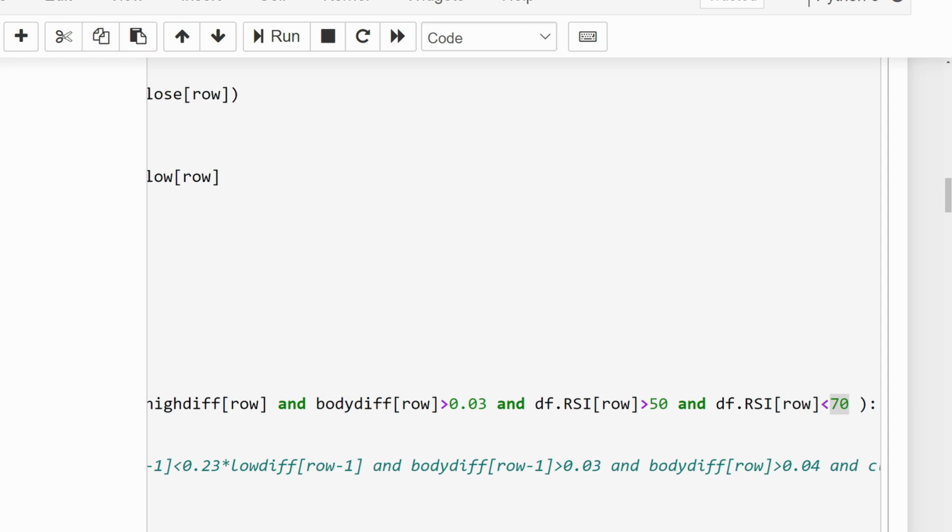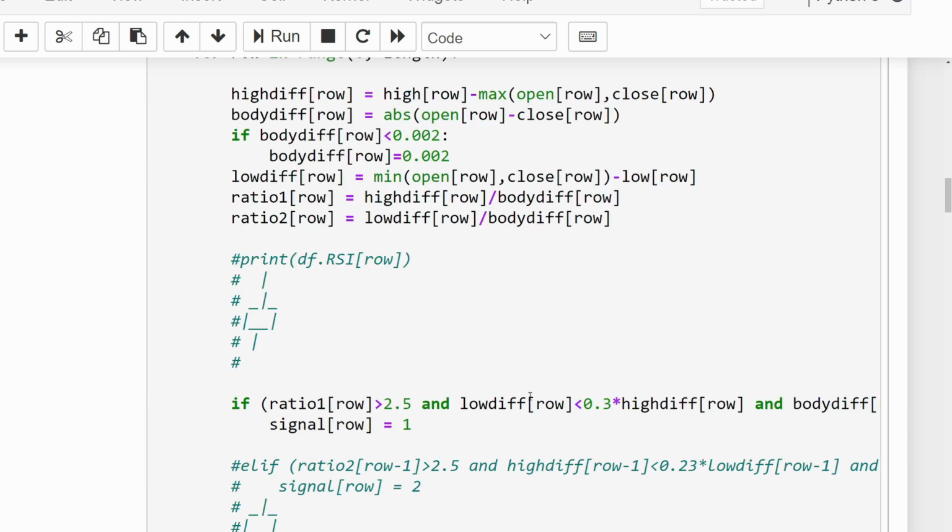I don't want to enter the market with a sell position when you have such very high values of the RSI. So I think the optimal values for selling are between 50% and 70%. If all these conditions are true, my signal at this particular row will be equal to 1. So this is our first category, which is the sell category.